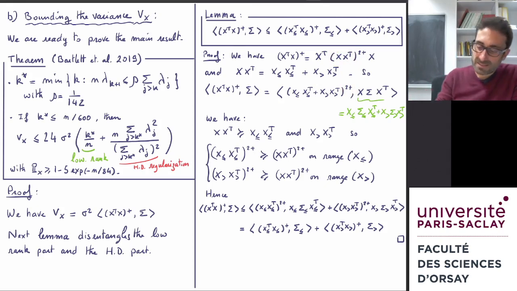Since we have this inequality here, this is positive semi-definite, this is positive semi-definite, you have that this matrix dominates this matrix in terms of positive semi-definite matrices. You have this dominance here, and you have the same for the high dimensional part.